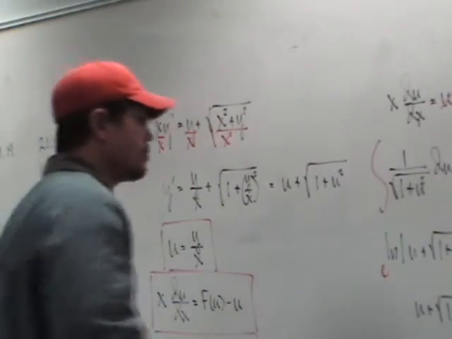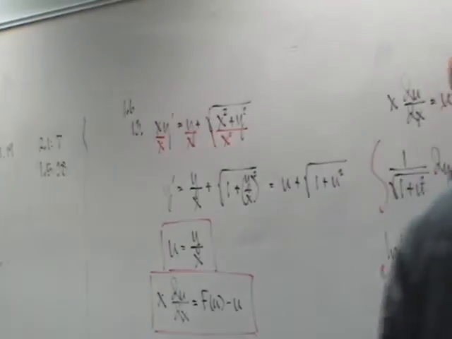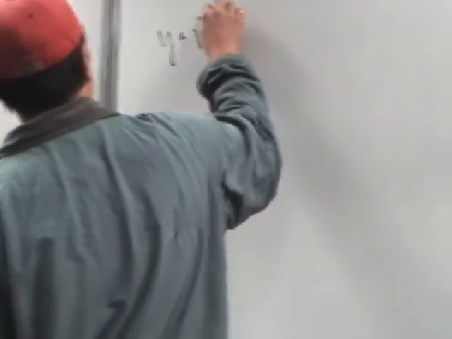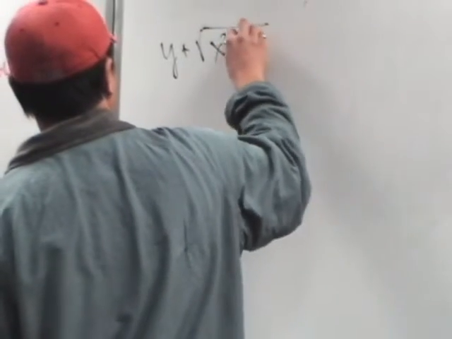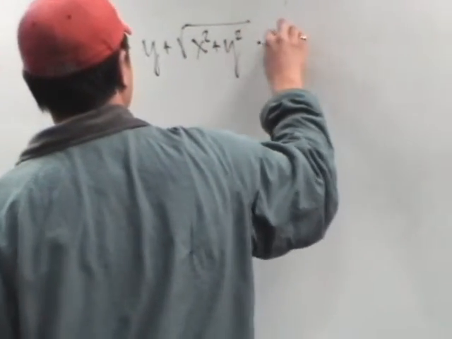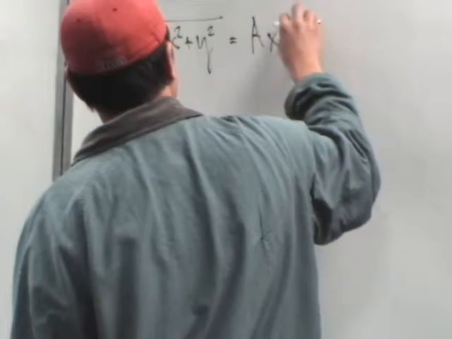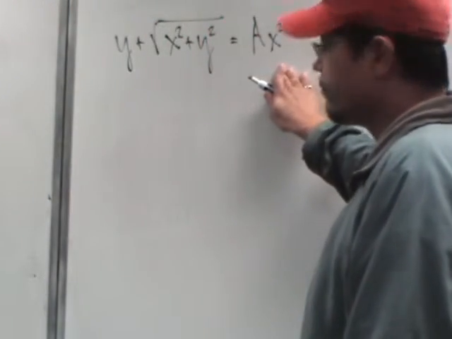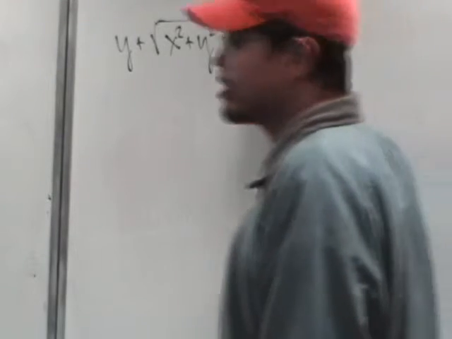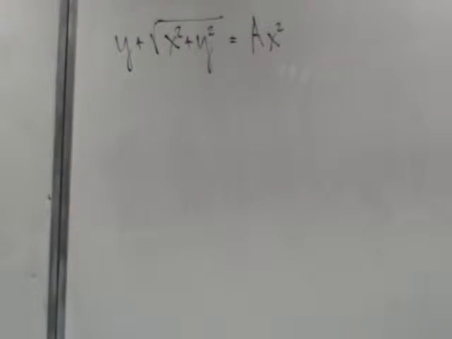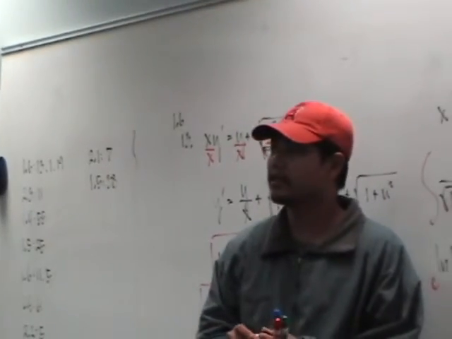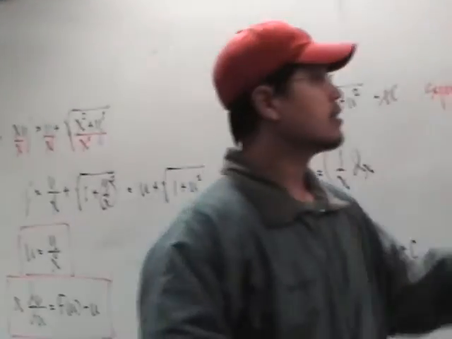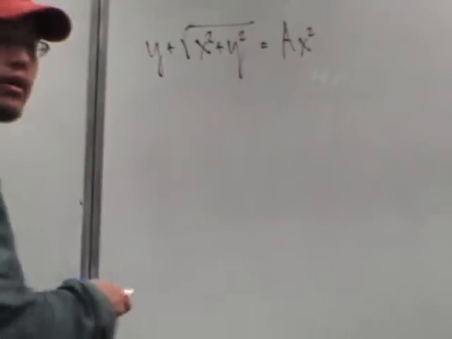So maybe instead of writing it like that, I can write this as y plus the square root of x squared plus y squared equal to ax squared. You all see why I get ax squared? Because you have to multiply by an x. This one has an x on the other side. Everybody see? So I can rewrite it just like that. That will look a lot better.